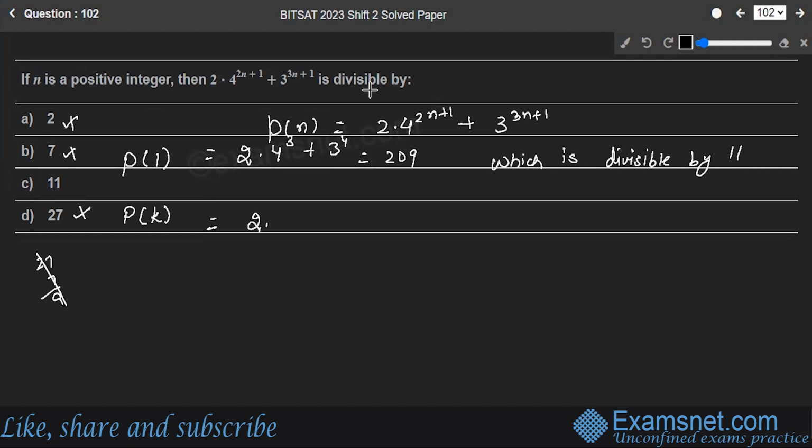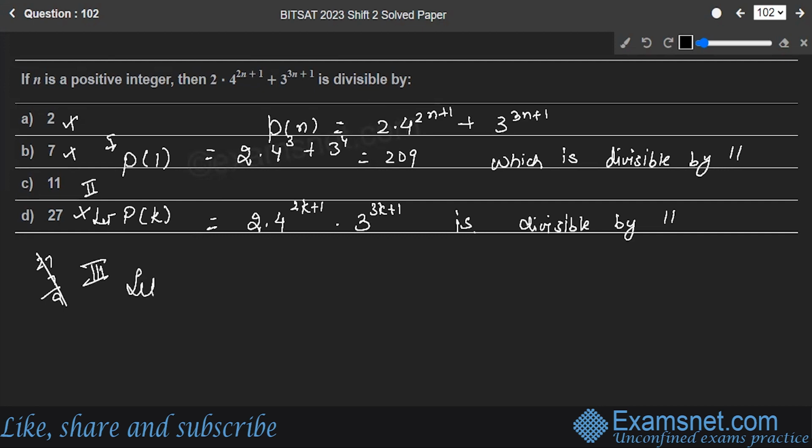So Pk will be given by 2 into 4 power 2k plus 1 plus 3 into 3 power 3k plus 1. Now let's say this is divisible by 11. Right, so further, let's check whether it is divisible in the third step. This was the second step and this was the first one.